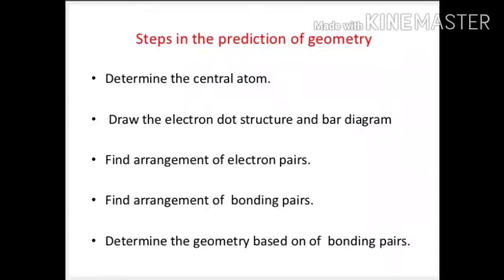Then we find the bond pairs and the lone pairs present in the molecule, because the geometry of the molecule depends on the lone pairs as well as the bond pairs.